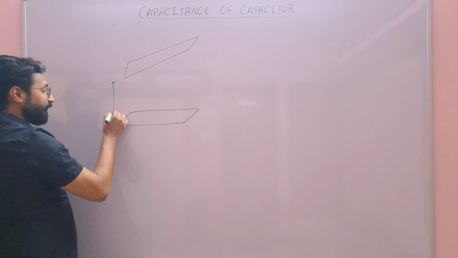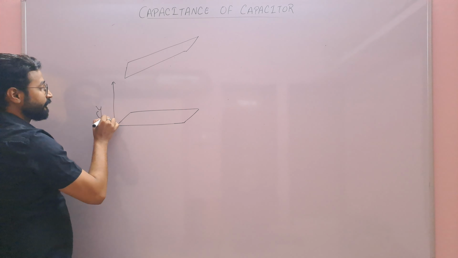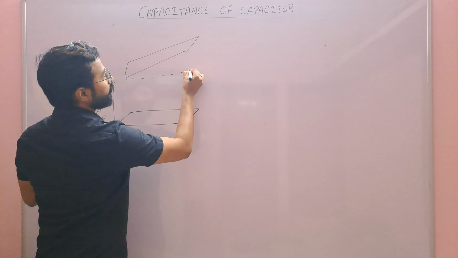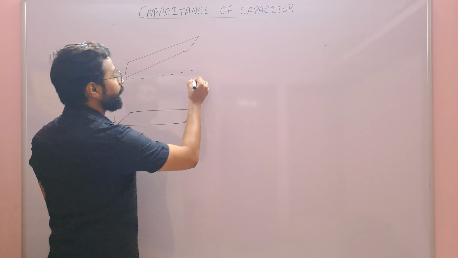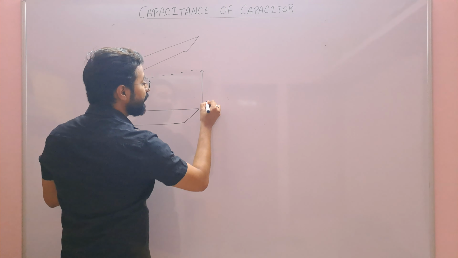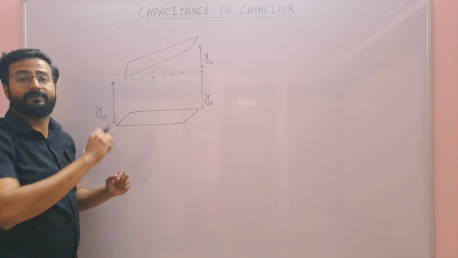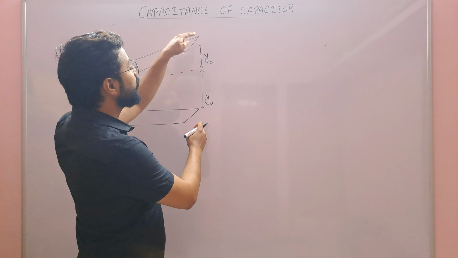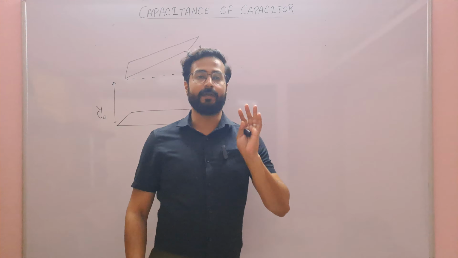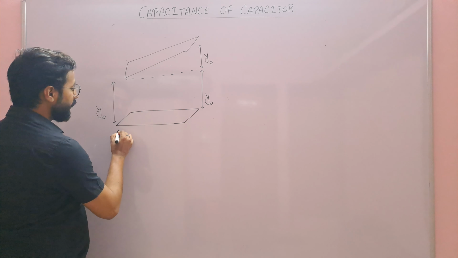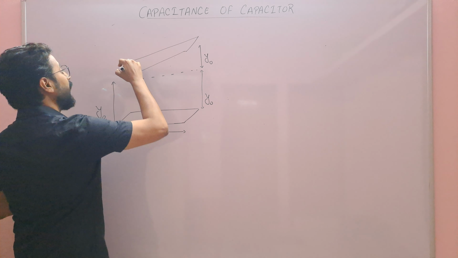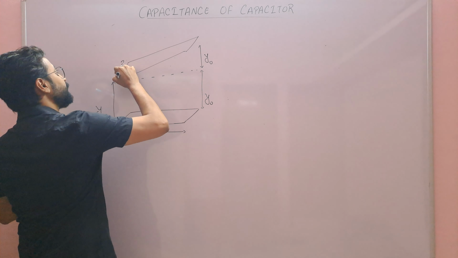Here the distance between both the plates is y naught, and toward this end this is y naught and this is also y naught. That means here the distance between the plates is y naught, whereas here the distance is 2y naught. Now the length of the plate is A and the width of the plate is B.